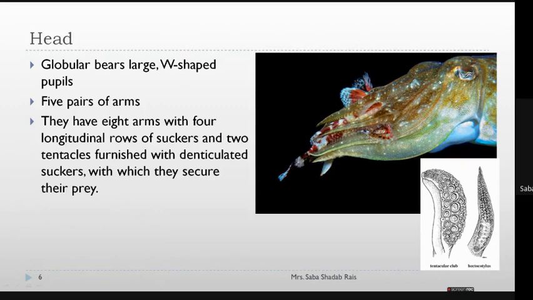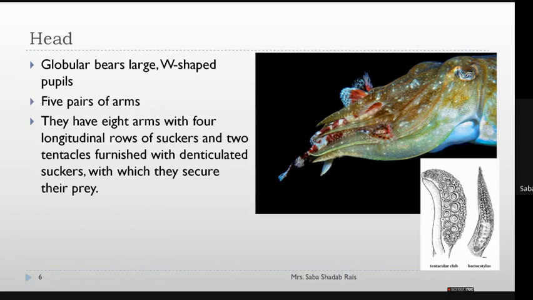Now, as I have just told you, they are cephalopods, so they will have the appendages or the locomotory organs on their head. You will observe five pairs of arms. Out of those five pairs, four pairs, that means the eight arms, are very stout and tapering from one end, and one pair is modified into the tentacles.